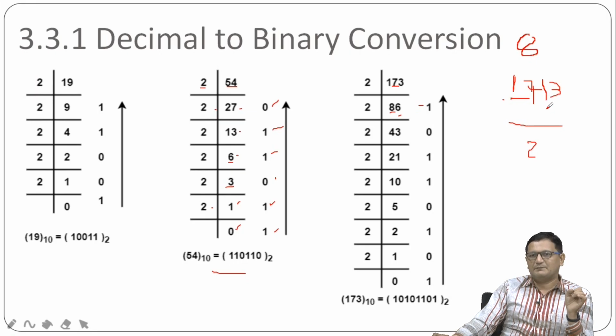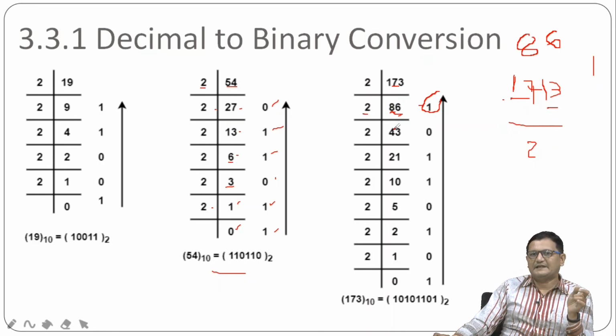Now this number becomes 13. 2 6s are 12, but the number is 13, so the remainder is 1, and that is why I have written 86 here as the quotient, and this 1 is a remainder. Similarly, you divide this 86 by 2.